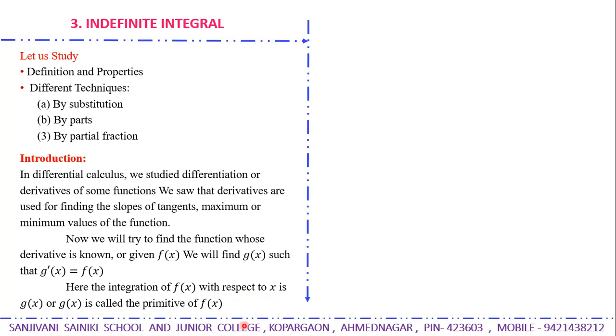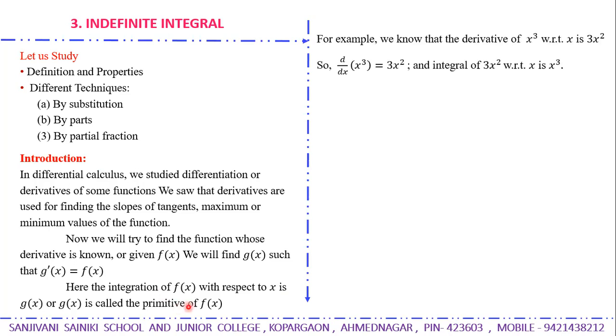Because f of x is a function of x, we will integrate with respect to x only. The integration of f of x with respect to x is g of x, or g of x is called the primitive of f of x. Integration or primitive.